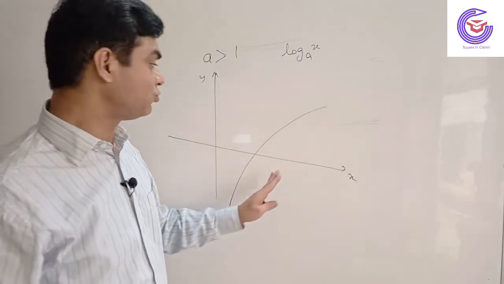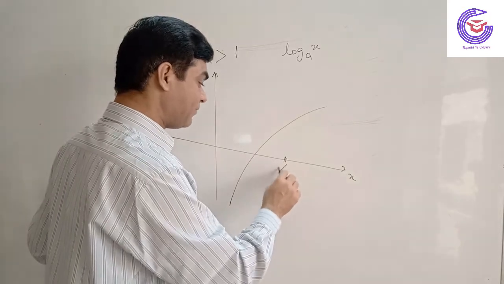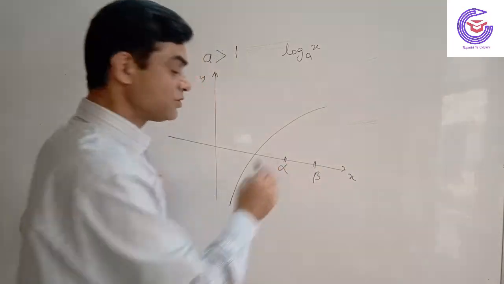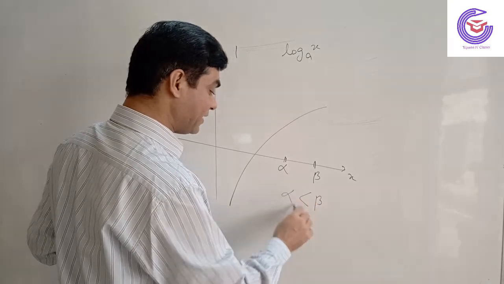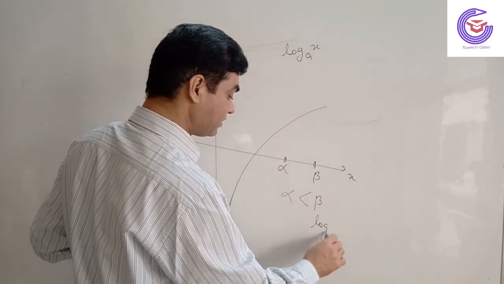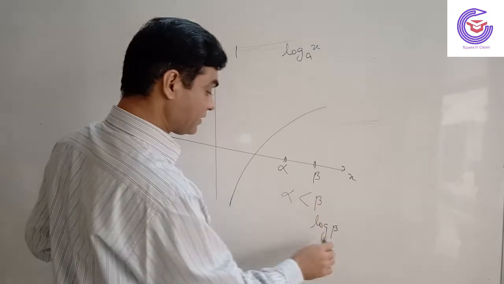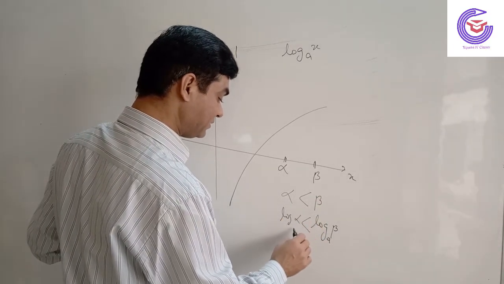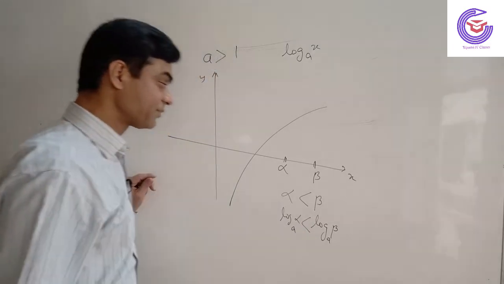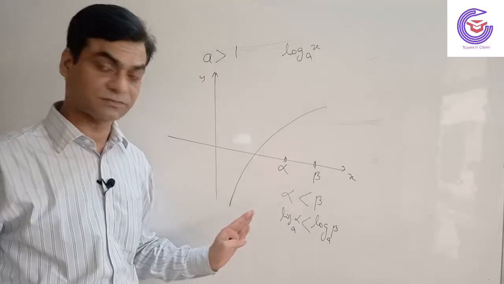If you take 2 points, suppose alpha and beta, what happens in this case? If beta is greater than alpha, then log of beta base a is greater than log of alpha base a in this case.